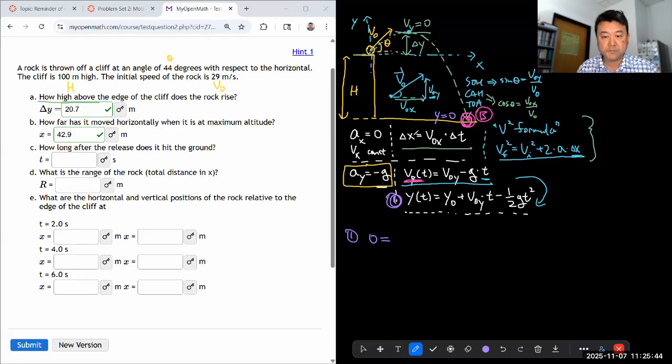And that's going to be equal to my initial y height starting from h, plus the initial velocity, I worked it out before, v naught sine theta times time. Yeah, I think I have to leave that in. Don't know time yet, I'm trying to solve for it. Minus 1/2 g times t squared.